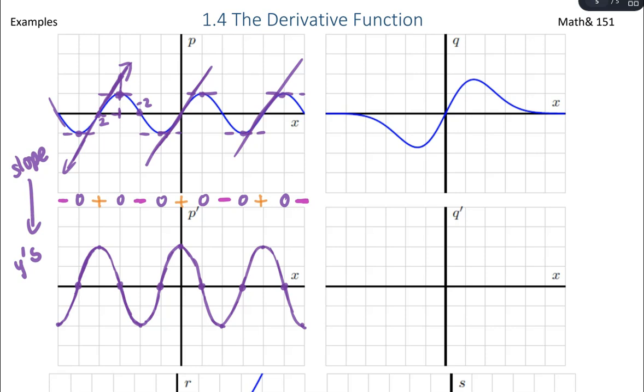Okay, next one has kind of a mix of the last two. I think I'll stick with purple at first. It does have a couple of flat spots, so I will start with those. There, the slope is 0, so when I move down to my Q prime graph, I'm going to have a y-intercept. So this is a slope of 0, which becomes a y value of 0.